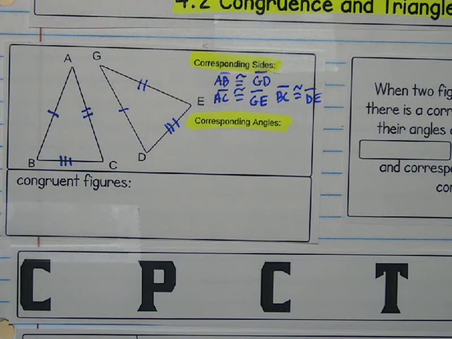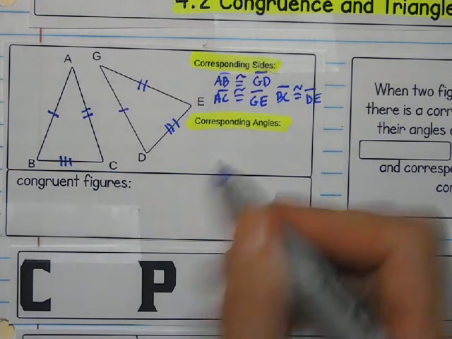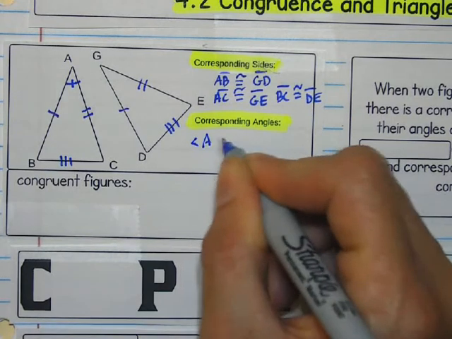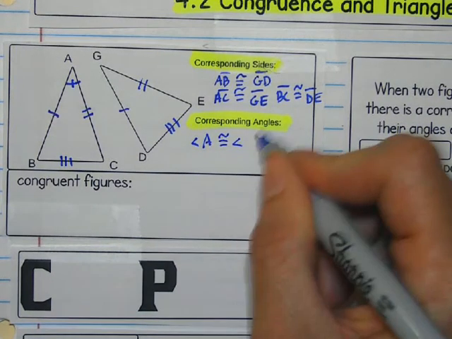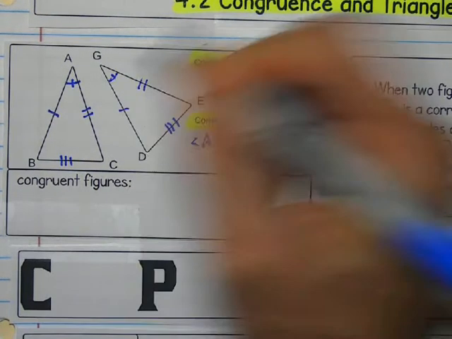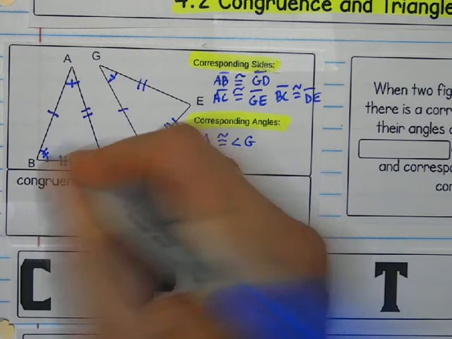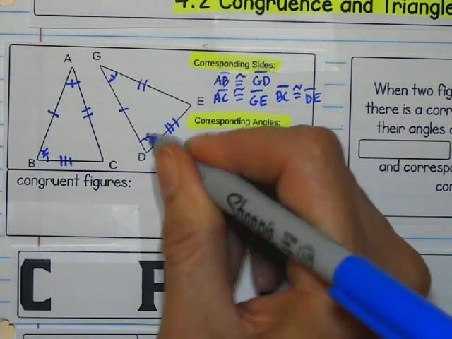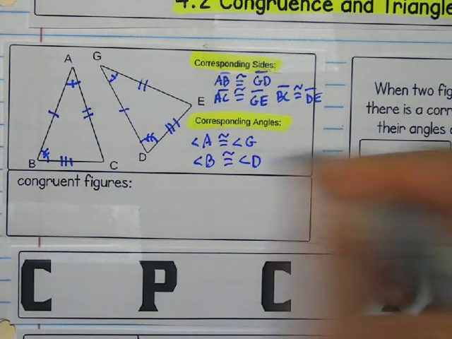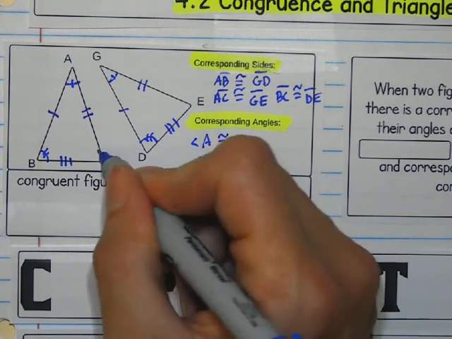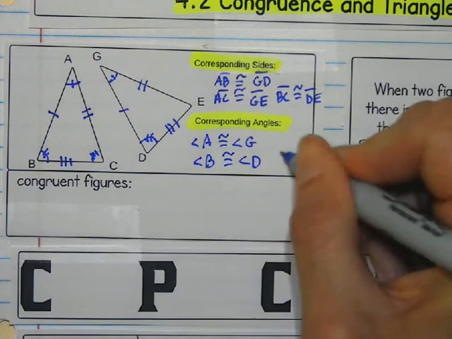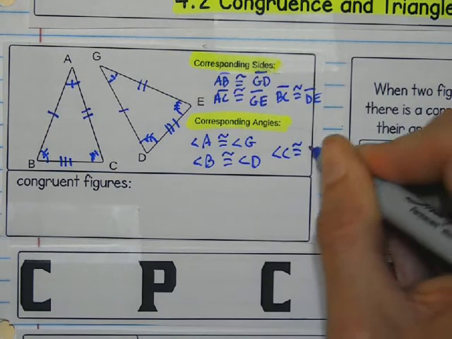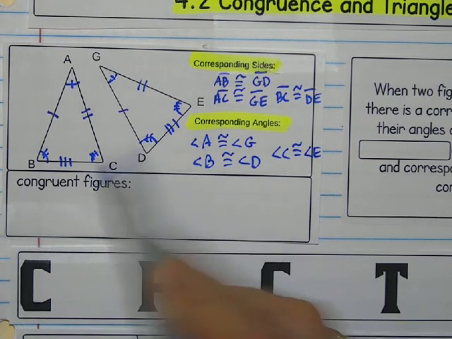So corresponding angles would then be angle A is congruent to angle G, right here, and then angle B would be congruent to angle D, and then last but not least, angle C is congruent to angle E. I put three little marks there and three little marks there to show that those angles are congruent.